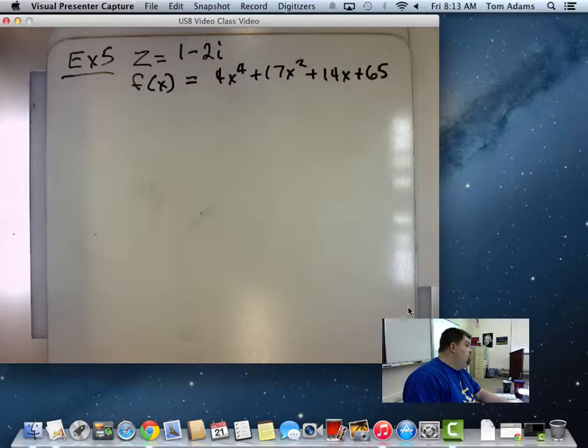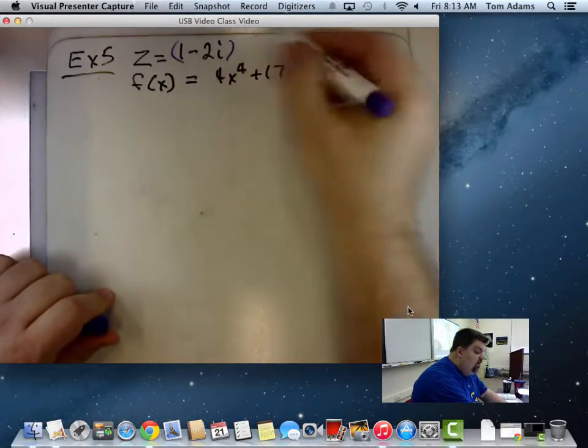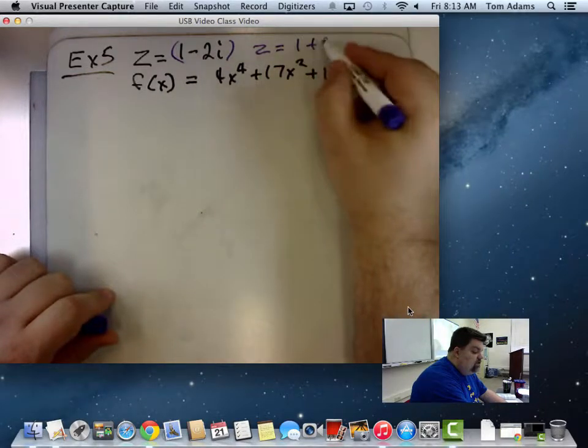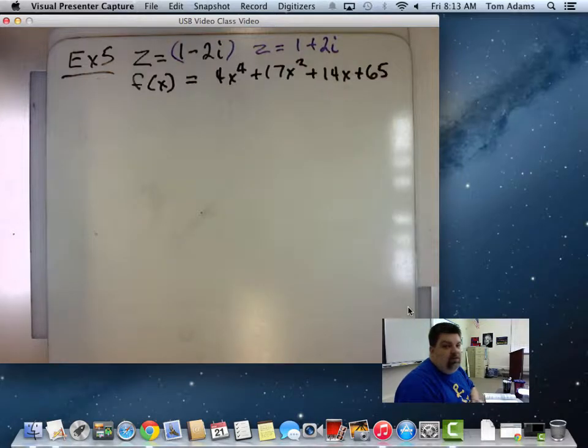What's the fancy word, though? Yeah, it is an opposite, but what's the fancy word? The reciprocal. So now, what that means is, if this is a solution, then there's another solution of 1 plus 2i. Okay?